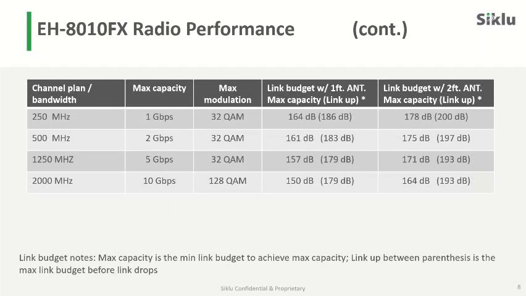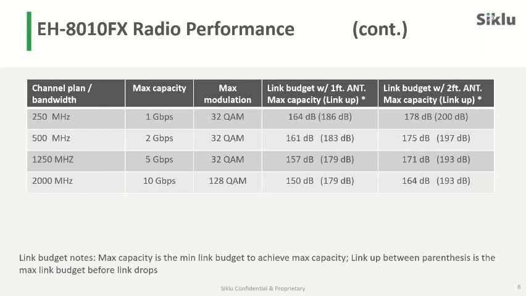So you can see here that you can operate the radio at different channel bandwidths: 250, 500, 1250, and 2000. However, obviously the lower channel bandwidths do not allow the full capacity.